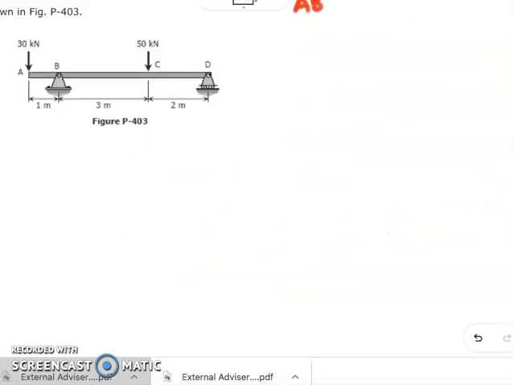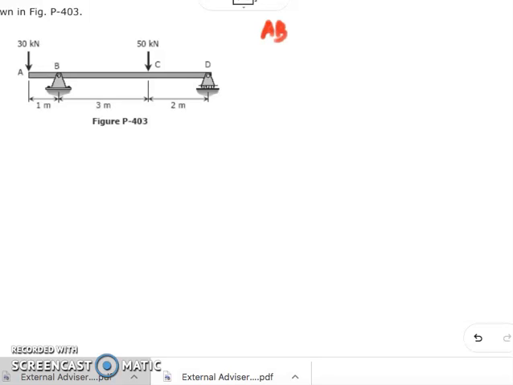Okay, we're going to draw our shear and moment diagram. So based on our equations a while ago for shearing force and moment force, we have to identify its numerical value. So we have to substitute a given value for x. So let's start with member AB.